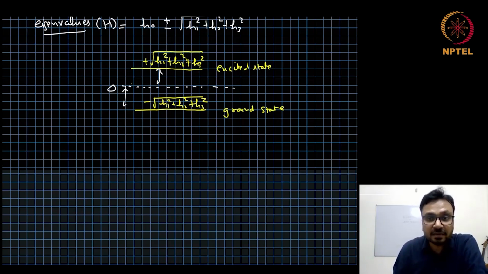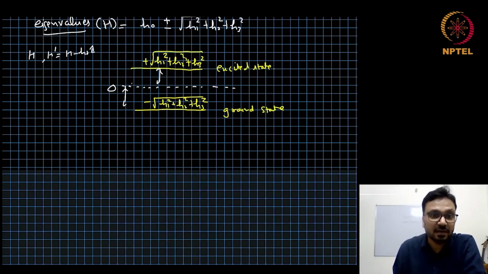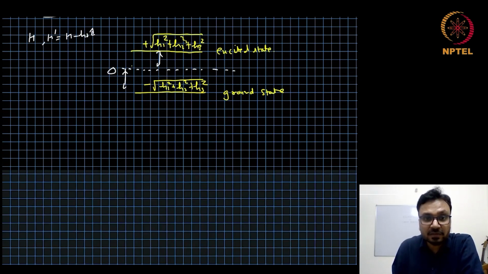So it means the Hamiltonian H and H prime equals H minus H0 times identity will have the same behavior. Now we can call this energy E over 2 and this minus E over 2, or this is h bar omega over 2 and this is minus h bar omega over 2.